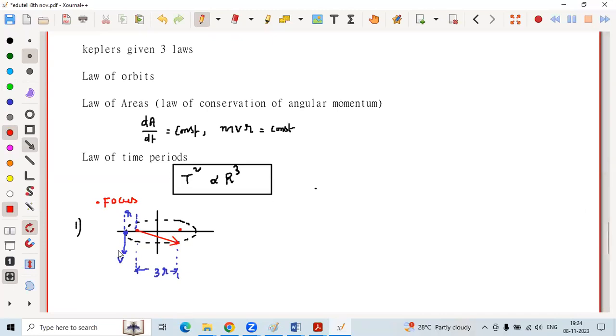Again I am repeating: the blue dot is the planet, revolving around, and the red dot is the sun. Planet is revolving around the sun. When it is at a distance of r, the speed is v. Now it is at a distance of 3r. Find the speed. Come on, type your answers in the chat box.